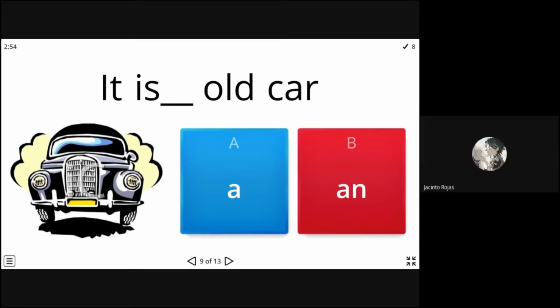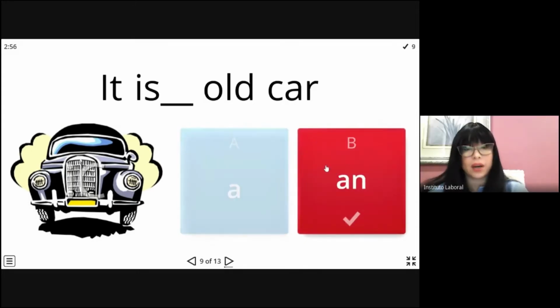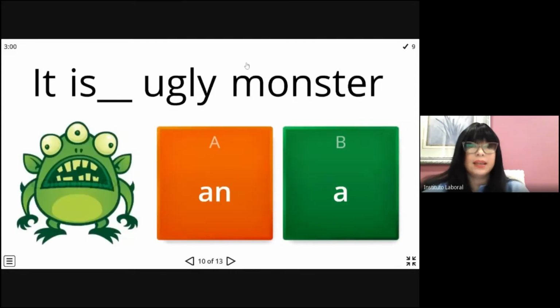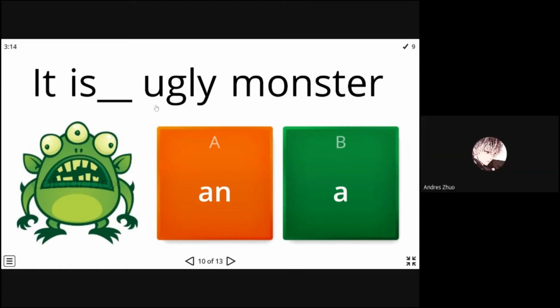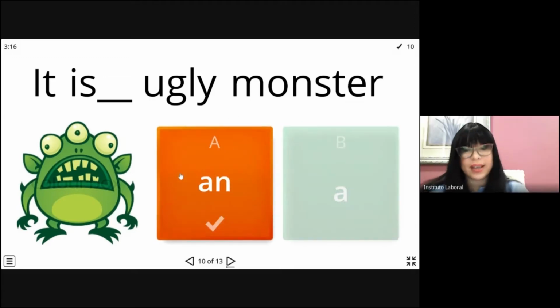An old car. Excellent. It is an old car. Ugly monster. It is an ugly monster. Excellent. Very good.